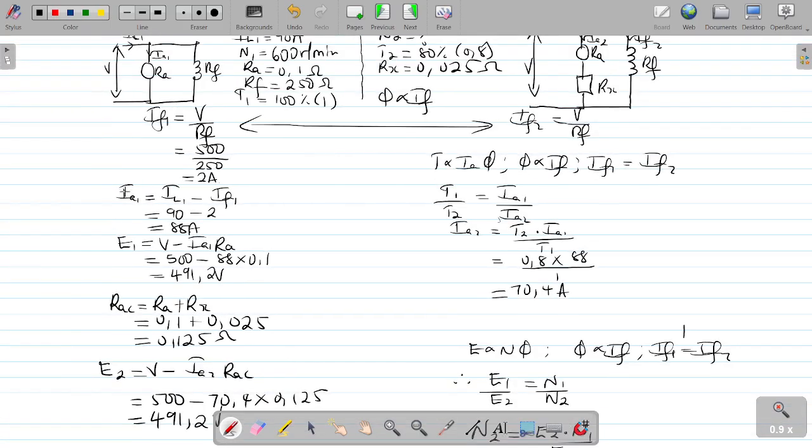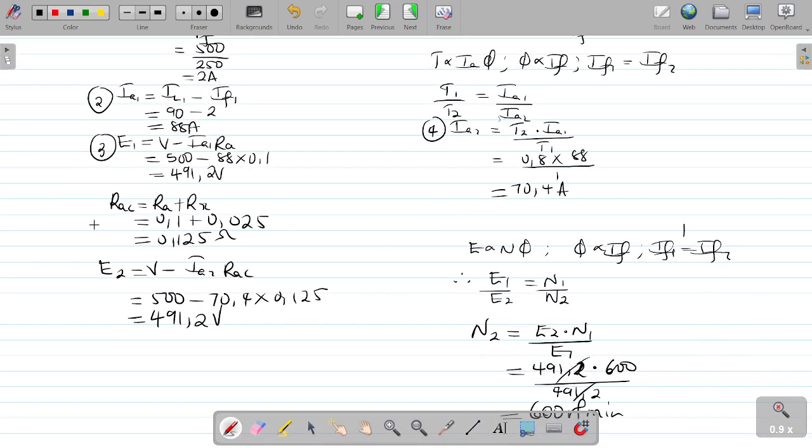So our steps: we started here, we found our IF1, we found our IA1, then we found our E1. From here, we looked for the armature current, IA2, by using the formula for torque.